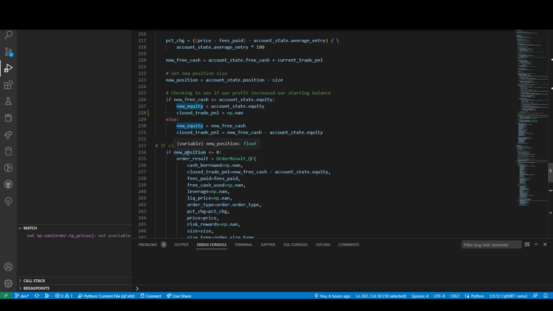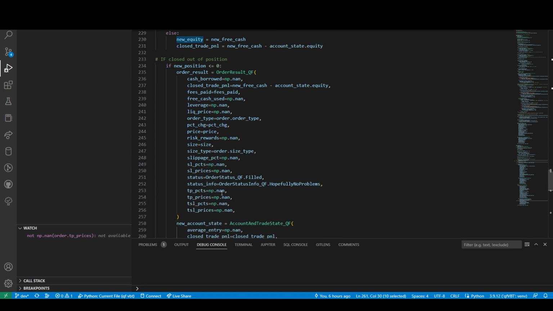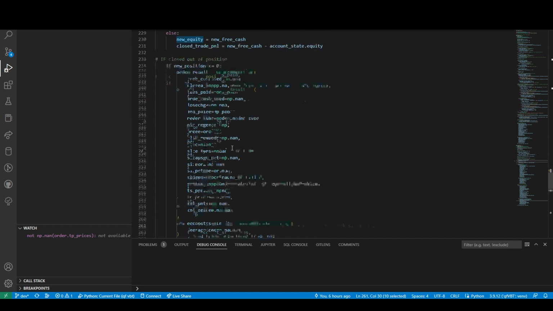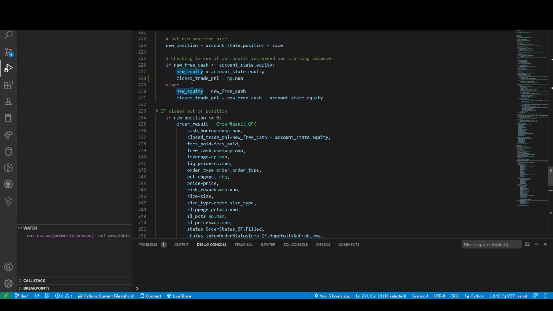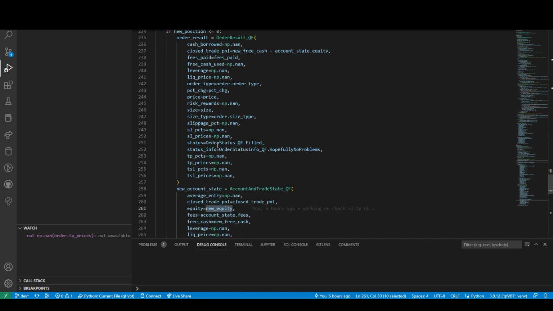So if new free cash is less than or equal to, but if we closed out, wait, what?